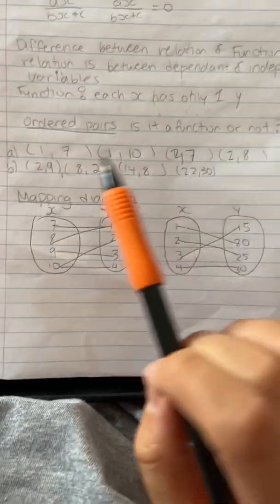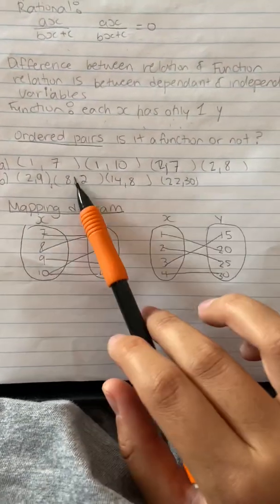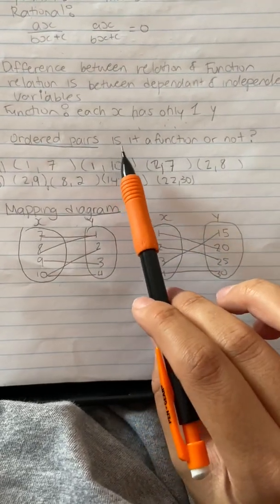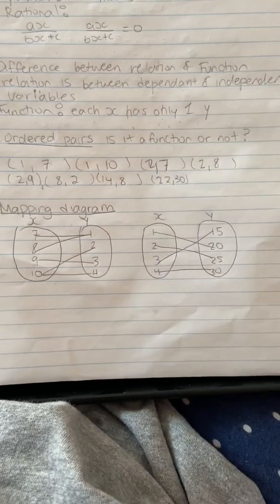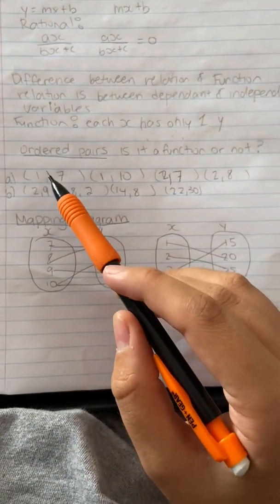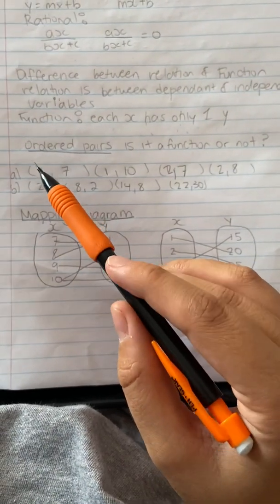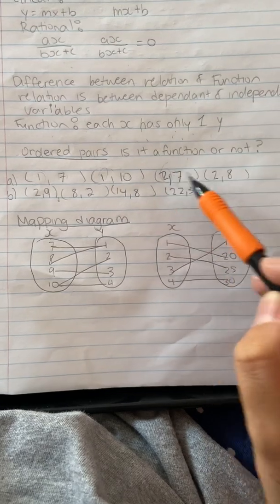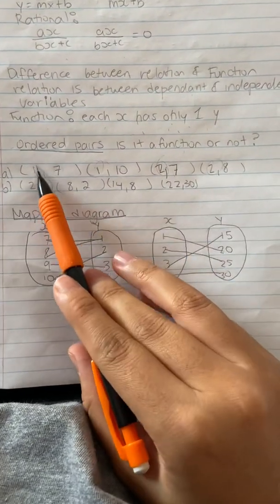So let's see. These are some ordered pairs that I just came up with, my own examples, and we're going to be seeing if it's a function or not. A simple way of figuring out if it's a function is looking at each x value, which is the first numbers, and seeing if any of them repeat.